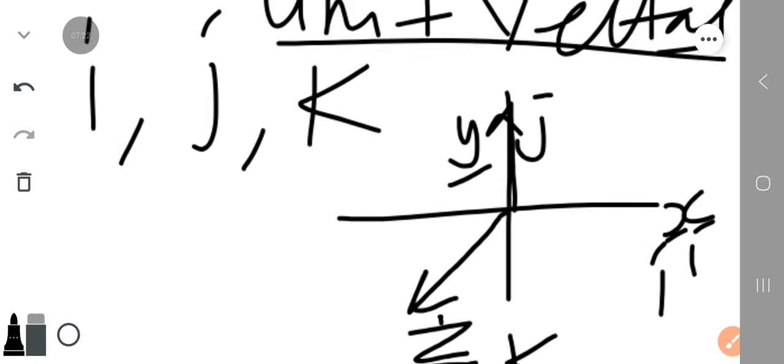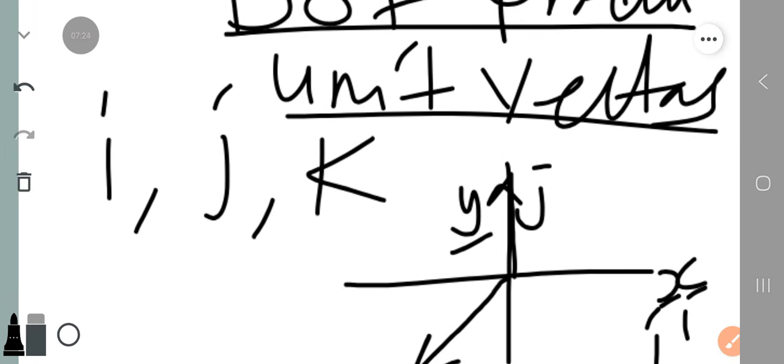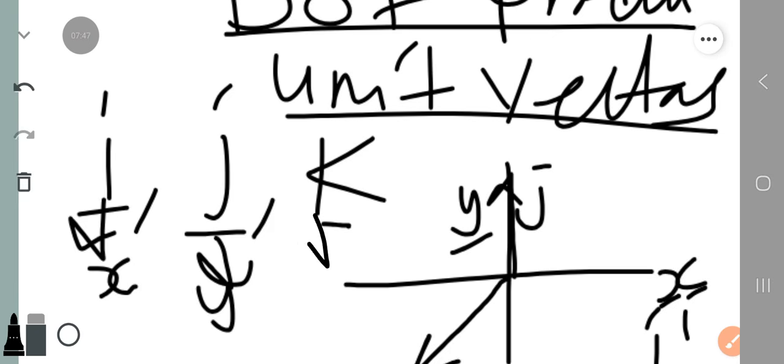So a vector can have an I component or J component or K component, right? So I, J, K notations are unit vectors. Don't forget this. Unit vectors are I, J, and K. I stands for the x-axis, J stands for the y-axis, and K stands for the z-axis.